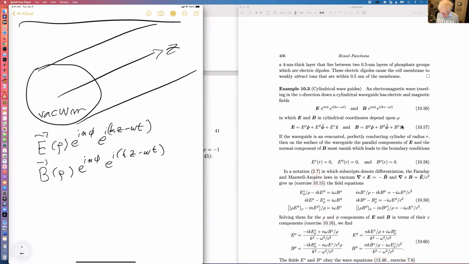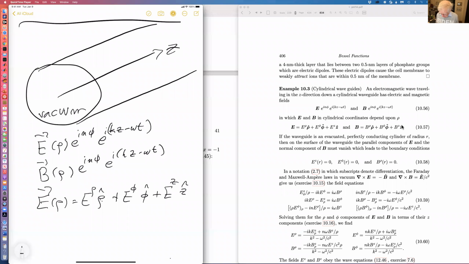E then is, say, the E rho component times rho hat plus the phi component times phi hat, and then plus a z component times z hat.